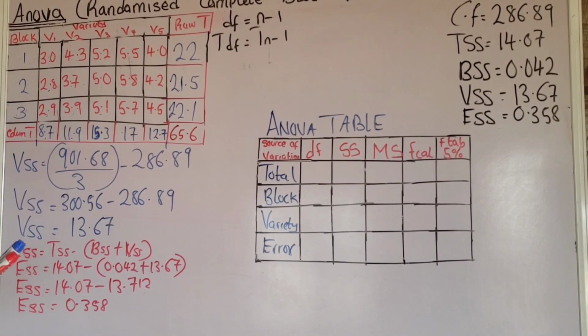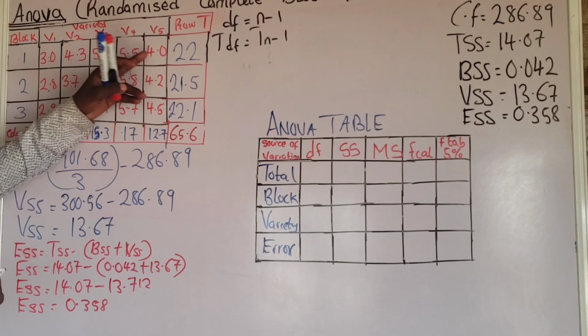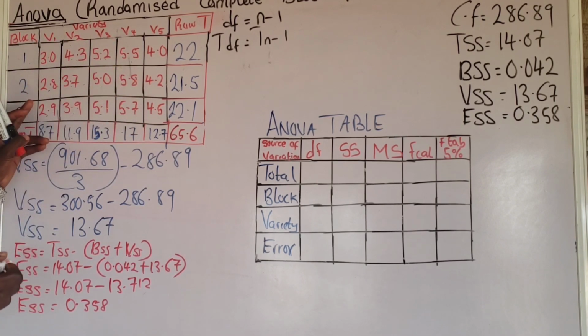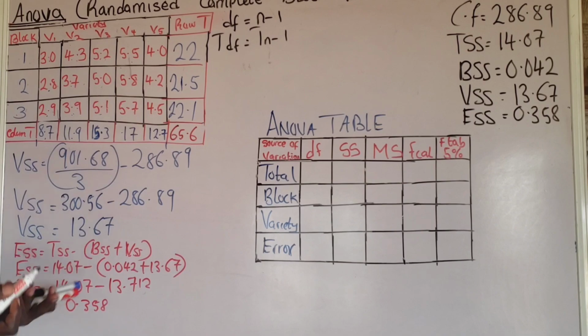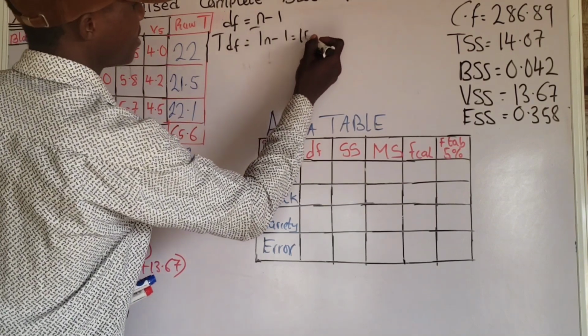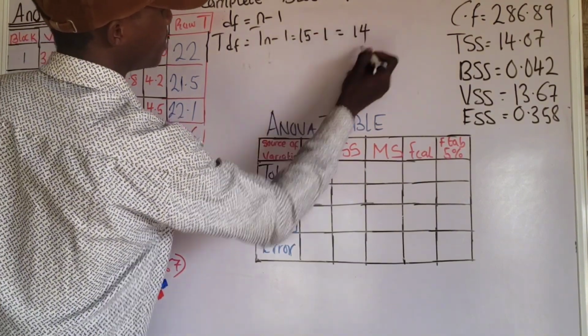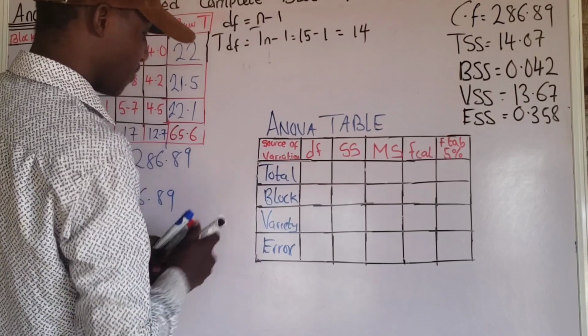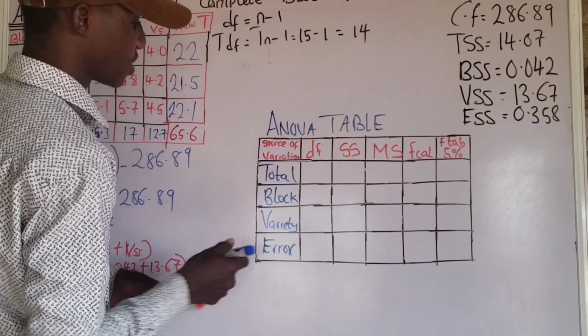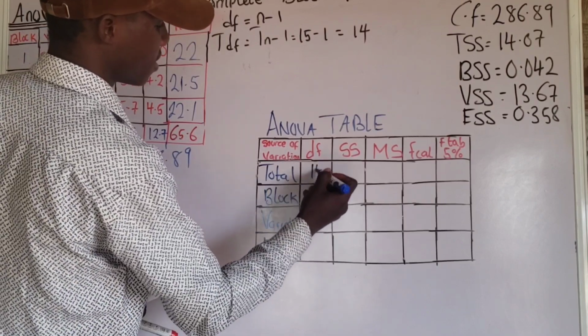The total number of samples is 15. So 15 minus 1 is 14. So the value for this cell is 14.